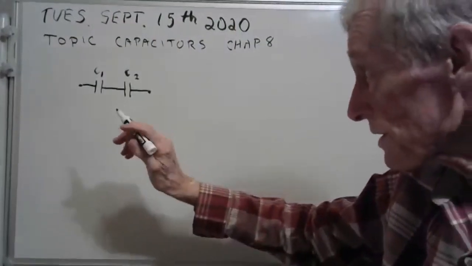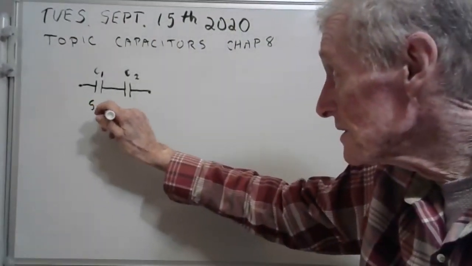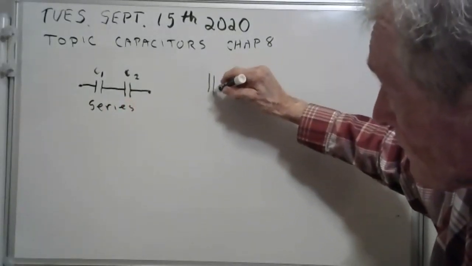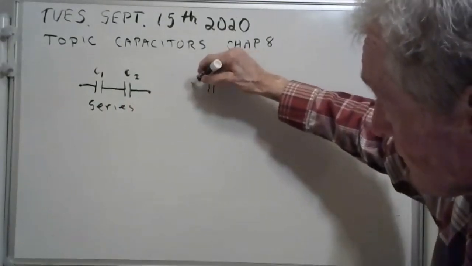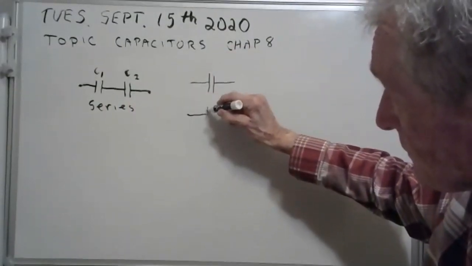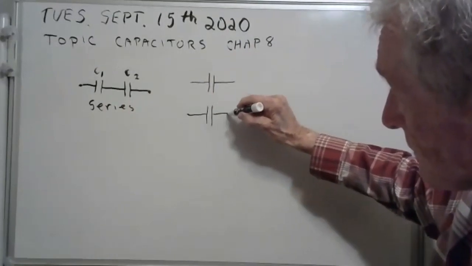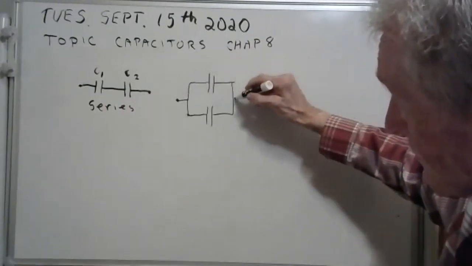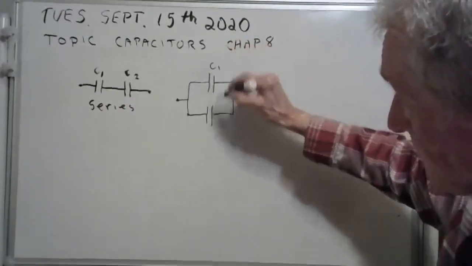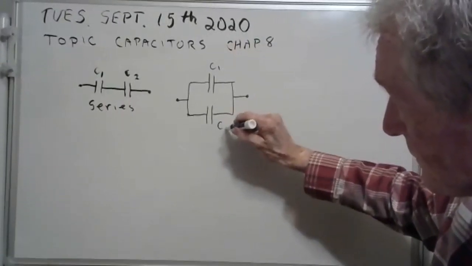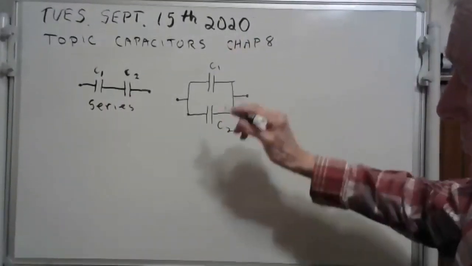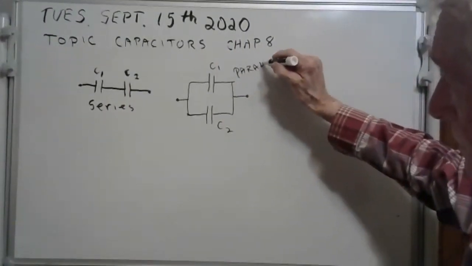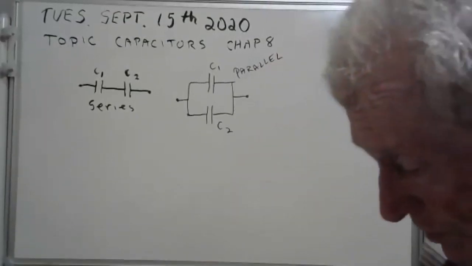This is called series. Here, let's put some in parallel for you. This is called parallel. I think you've seen that before. I know you have with resistors.